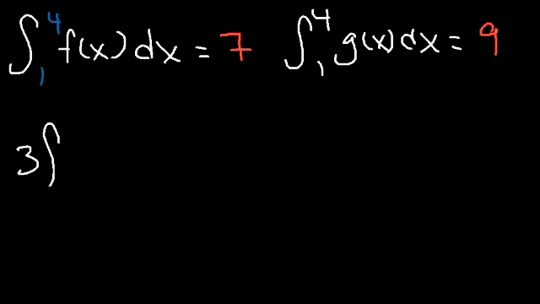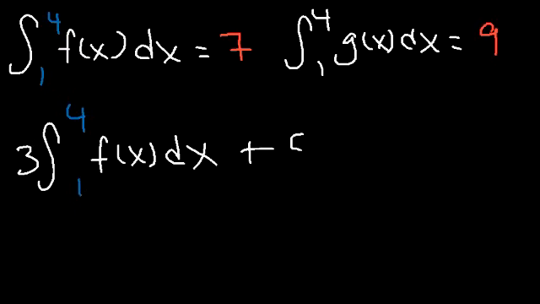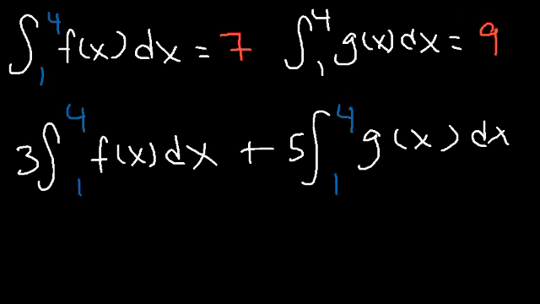What is 3 times the integral from 1 to 4 f of x dx plus 5 times the integral from 1 to 4 g of x dx, given these two values?